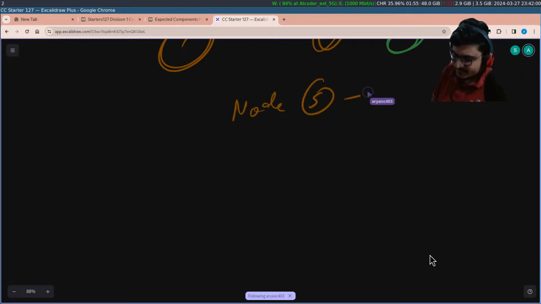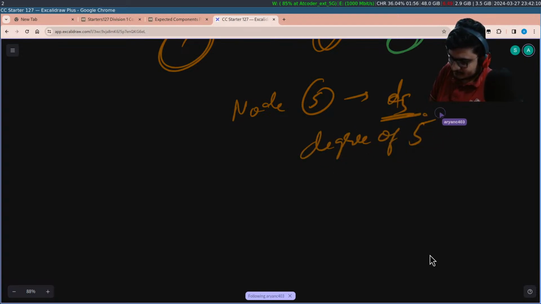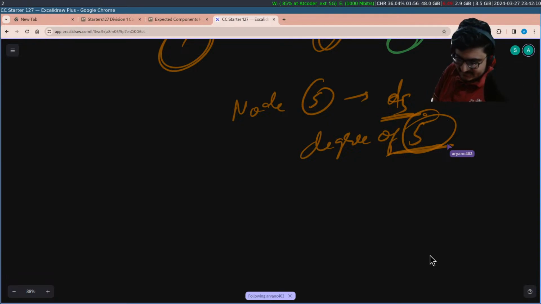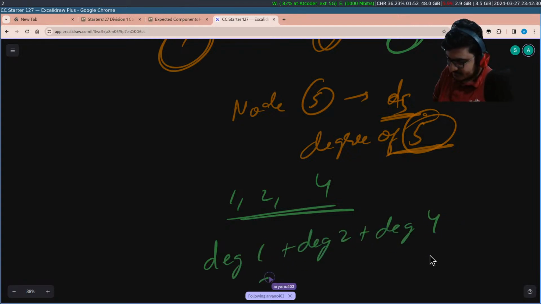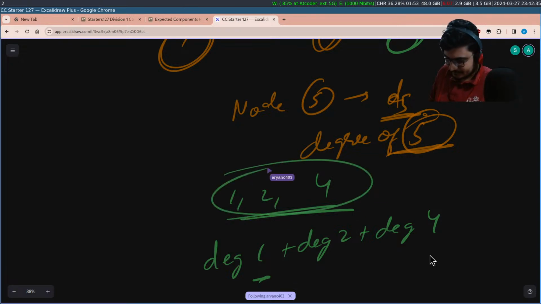So if we delete node 5, then the number of deleted edges would be d5, where d5 is the degree of 5. Let's say we have deleted nodes 1, 2, and 4. My idea is that the number of edges we have deleted is the degree of 1 plus degree of 2 plus degree of 4, minus all the edges which have both endpoints in this part.